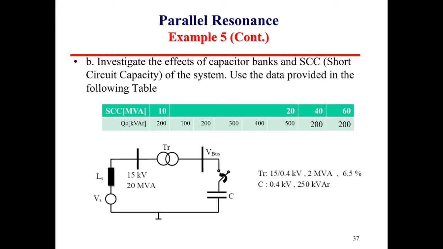In part B he said investigate the effect of capacitor bank and the short circuit capacity. So we need to see what will be the effect of changing the size of the capacitor bank and also the short circuit level. So this one and that one.